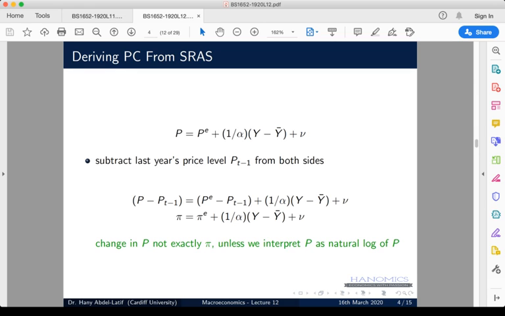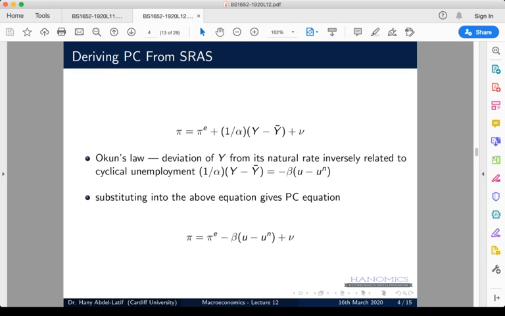We discussed the negative relationship between Y, the output level, and the unemployment rate. Just to remind you, in good times we would imagine that the unemployment rate will fall. In bad times, in recession, in difficult times for the economy, we would imagine that the unemployment rate will be higher.